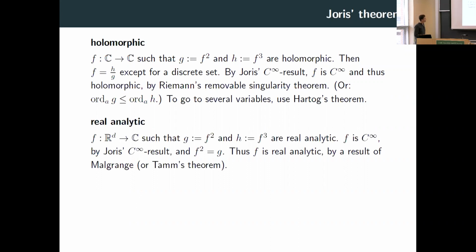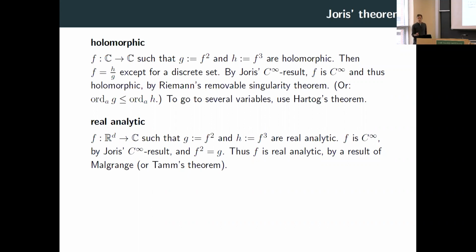Okay, real analytic. So here, from the start, I take arbitrary dimension d. I take a complex valued function on R^d, and suppose that its square and its cube are real analytic.